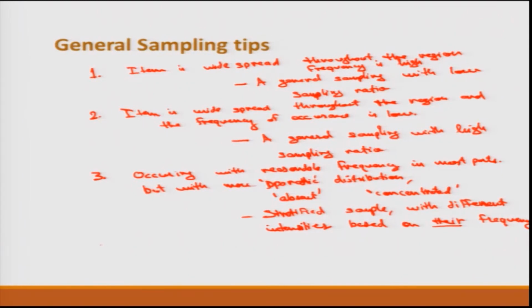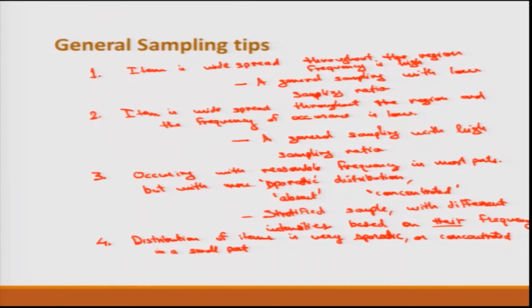So, next is, if distribution is very sporadic or concentrated in a small part of the region, what happens? This is not suitable for a general survey.